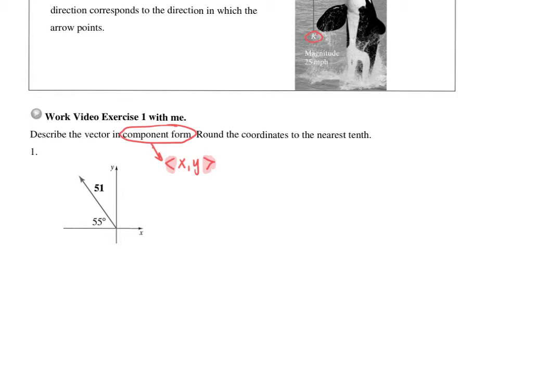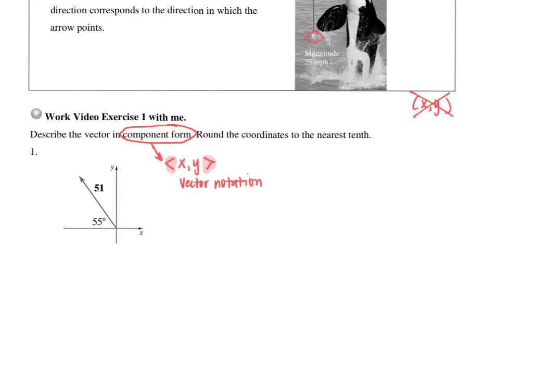Because it is these little arrow type things, that is a vector notation, also representing the arrow of the vector. So this is vector notation or component form, not to be confused with an ordered pair, which is a point on the coordinate plane.